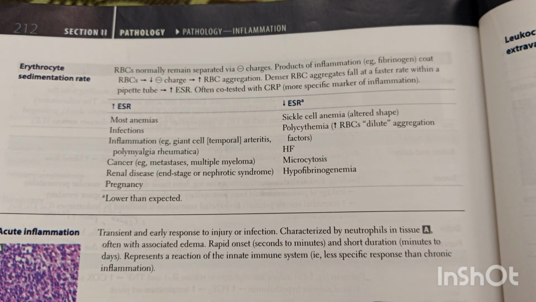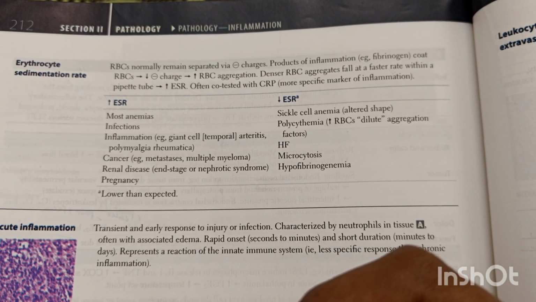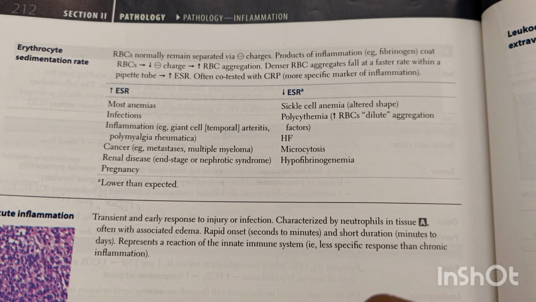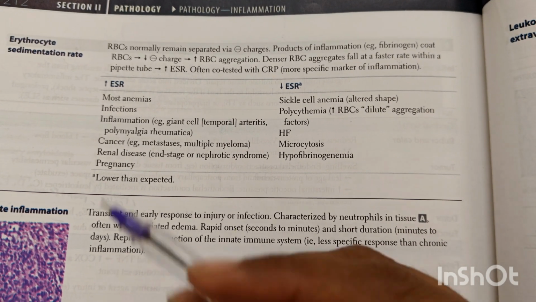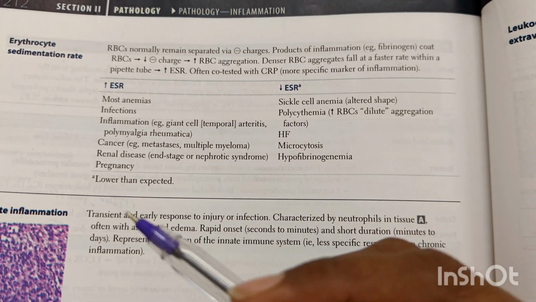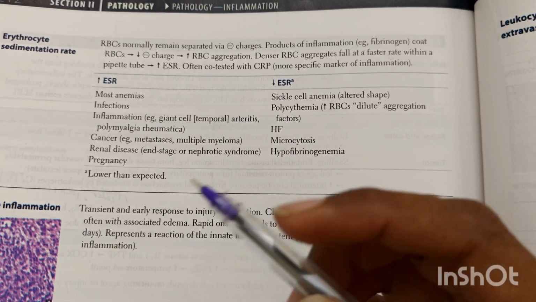We can also test ESR along with CRP, which is the most specific marker of inflammation. Increased ESR is seen in anemia, where there's decreased negative charge and more RBC aggregation. In infection also there's more RBC aggregation and more ESR. Also in inflammation, cancer, renal disease, and pregnancy.